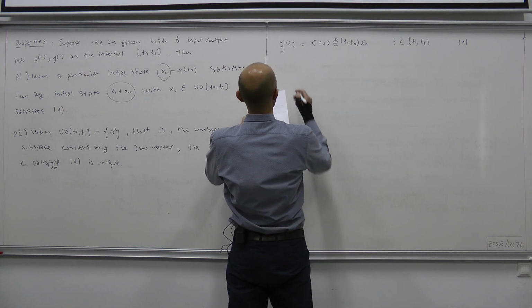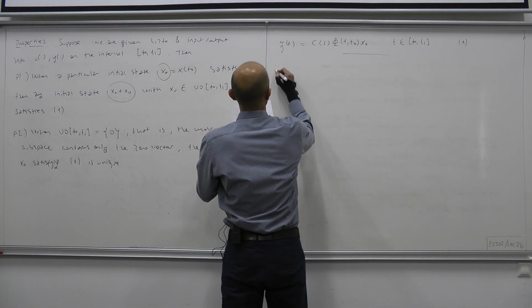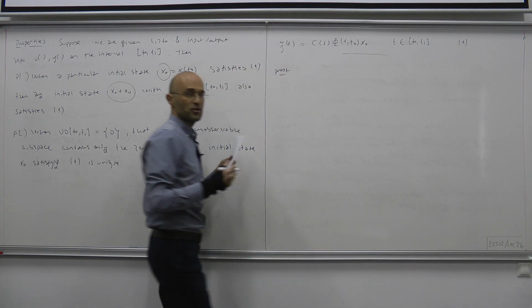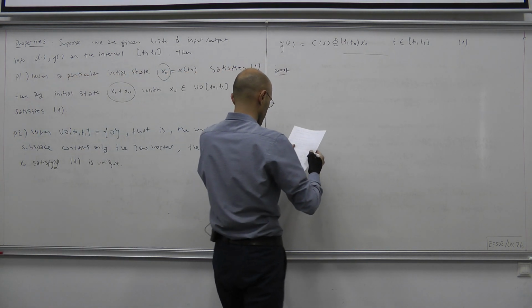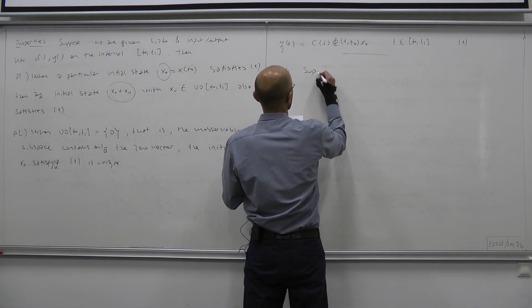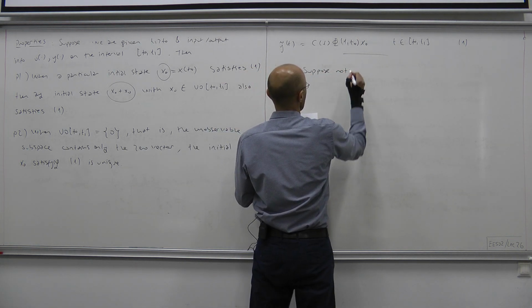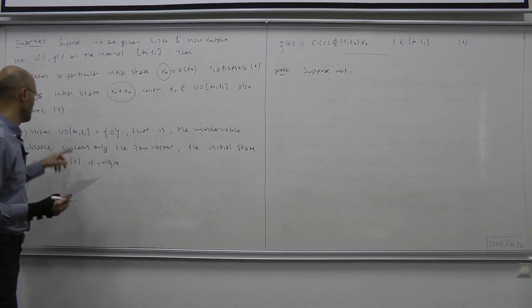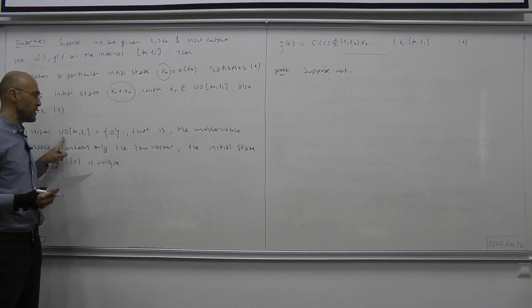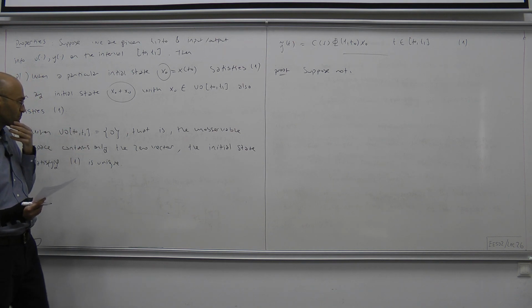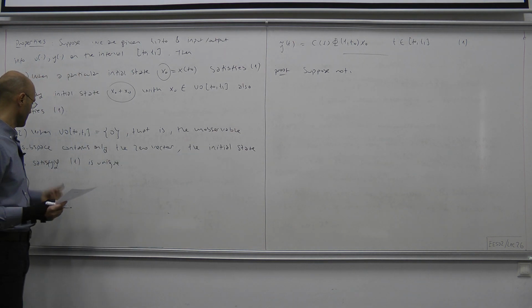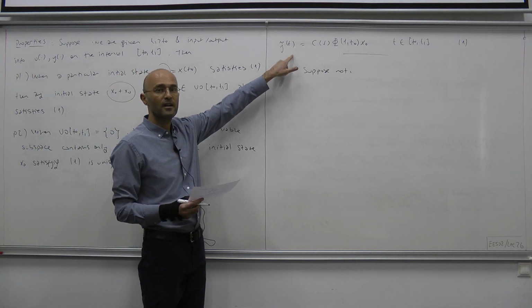Here is the proof of the second observation, or the second property, P2. Suppose not. That is, the unobservable subspace is of dimension 0, contains only the 0 vector, but still the initial state satisfying equation 1 is not unique.